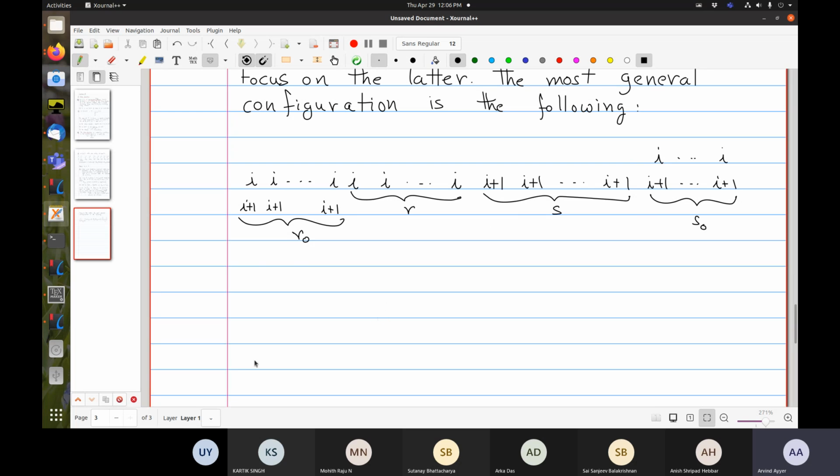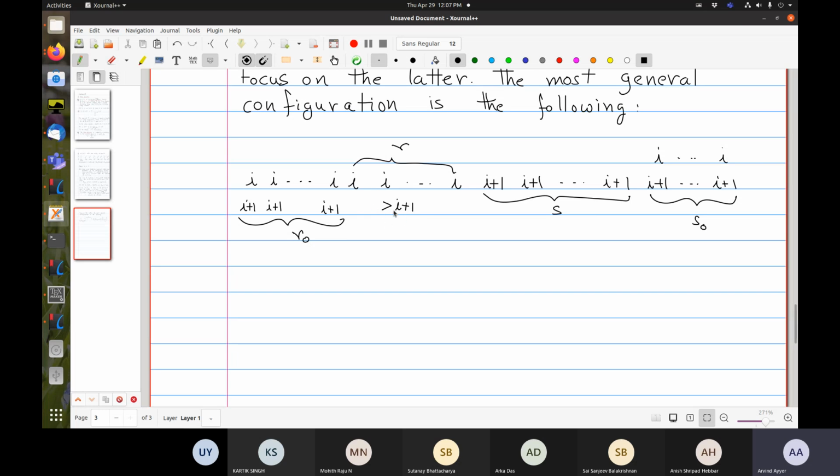Okay, so let me put R here, and whatever is here by definition is greater than I plus 1.